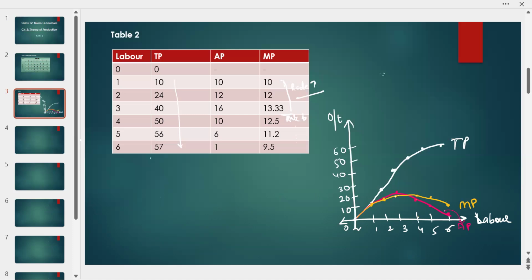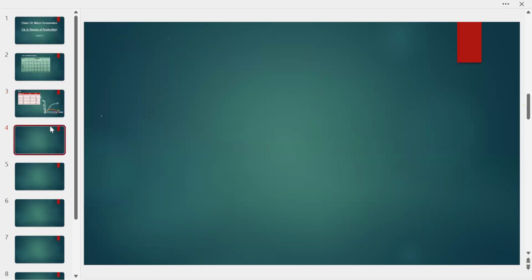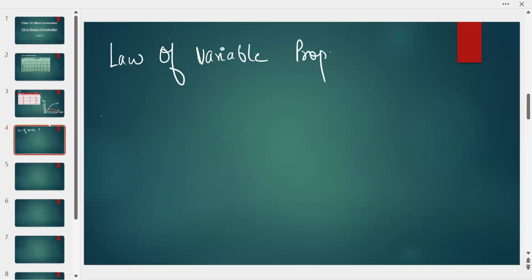All right. This is what is known as the law of variable proportions, or the law of diminishing marginal product.